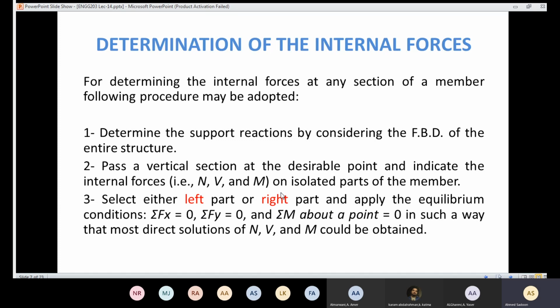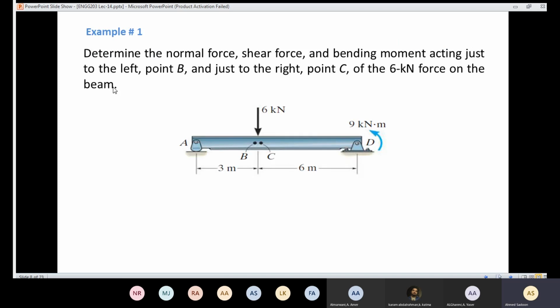So now let's start an example so that we can have a better idea about how to determine the internal forces. Here we have example 1. In example 1, like you can see here, we have a beam. Here we have a rocker at A, which means that I'm going to have a reaction here, AY.